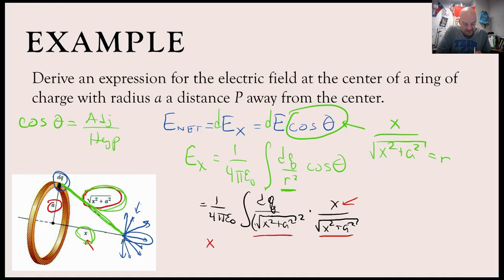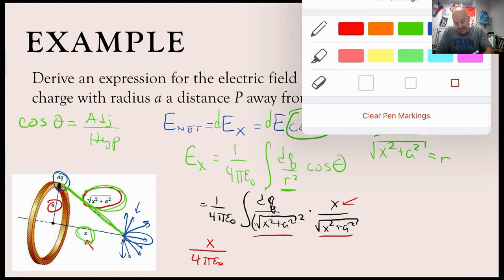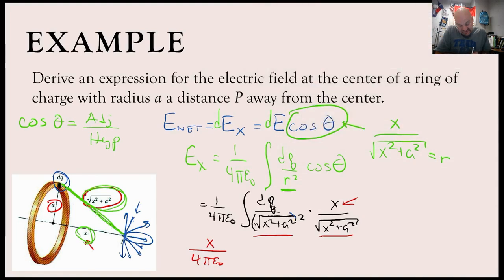We end up with x over 4 pi epsilon naught times the square root of x squared plus a squared, and we can simplify.